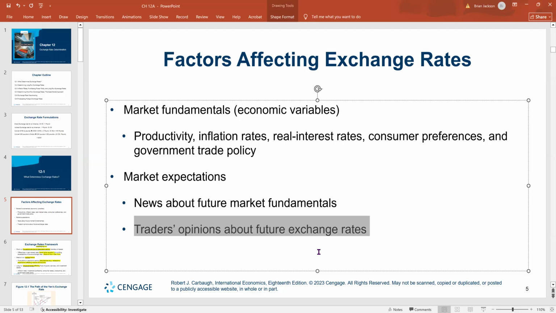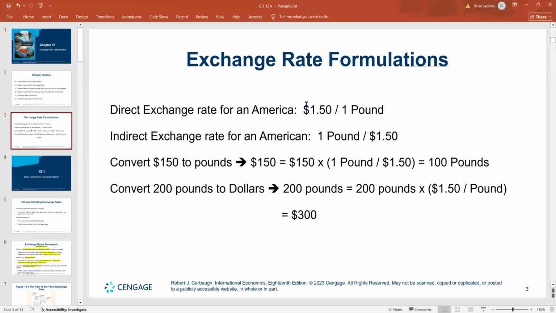That is, if you have pounds, you may want to trade those in for dollars because you know that in the future, the dollar is going to be worth more with respect to the pound. That's called an appreciation. If you think the dollar is going to appreciate with respect to the pound, we could go back and look at any one of these rates here.